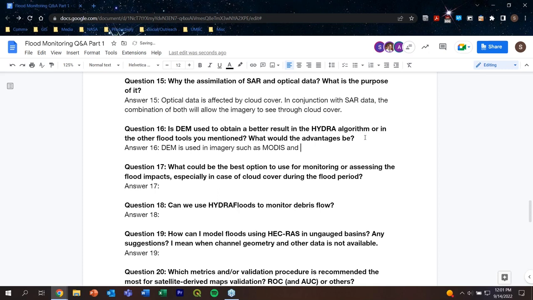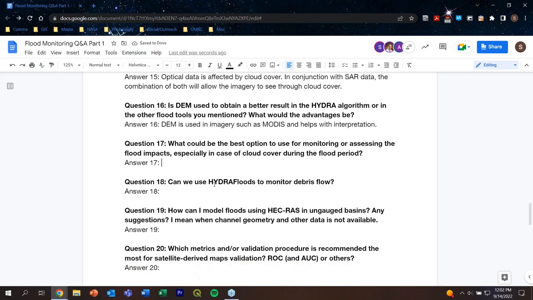So question 17, what could be the best option to use for monitoring or assessing the flood impacts, especially in case of cloud cover during the flood period? So if you have SAR data available at the same time, you can see what's going on below the cloud cover.